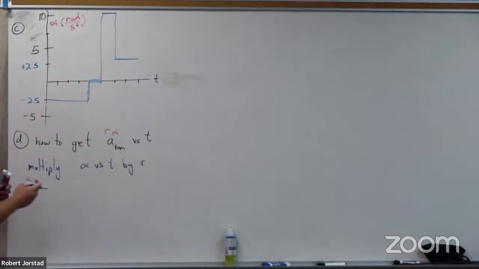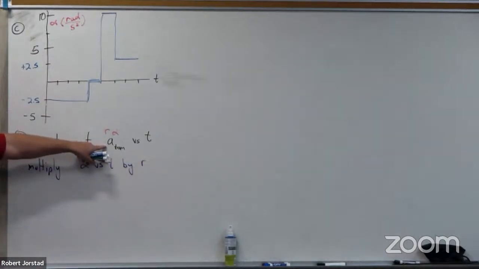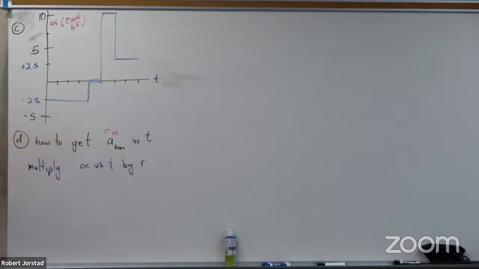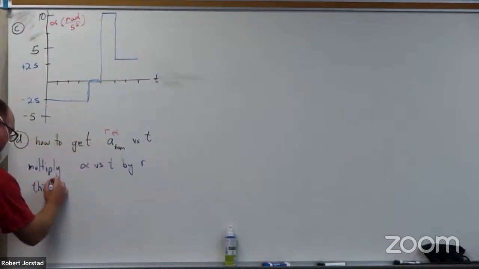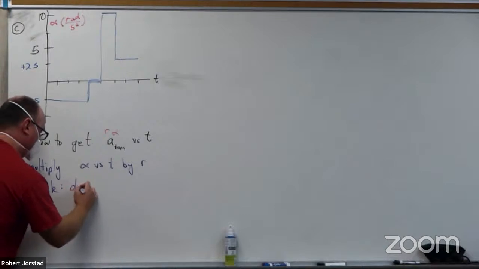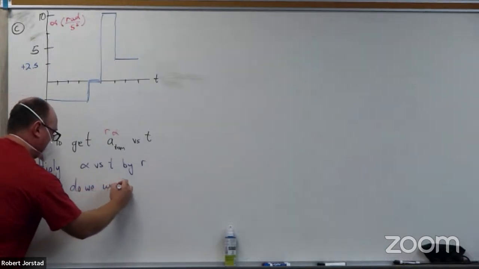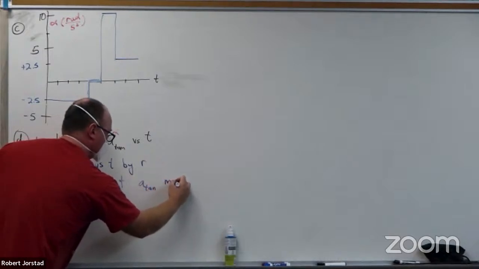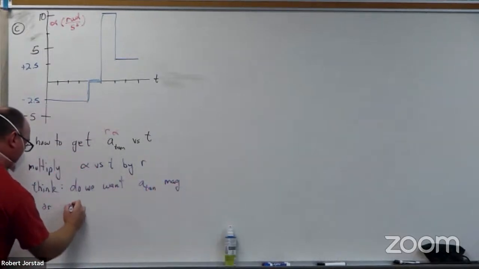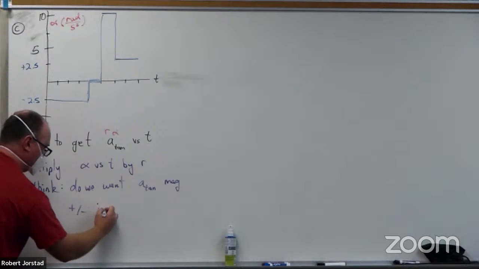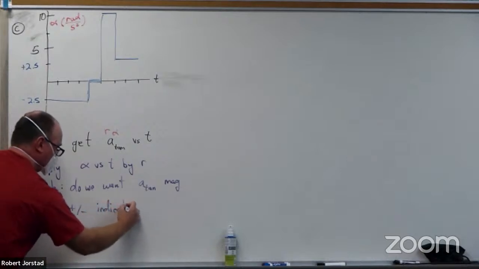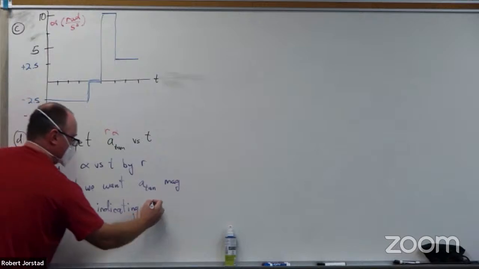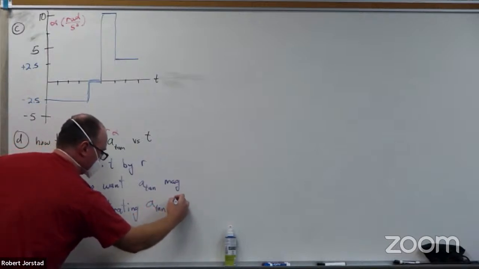And then it's a question of, do you want the magnitude or do you want to include the minus sign? So there's a little subtlety. Do we want A tan magnitude or plus minus sign indicating A tan direction?